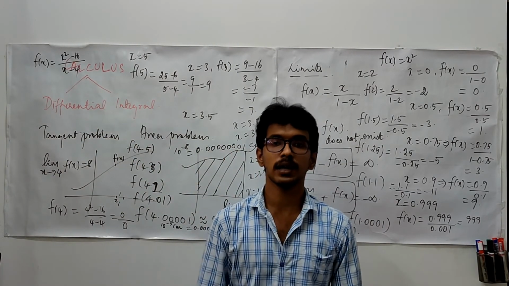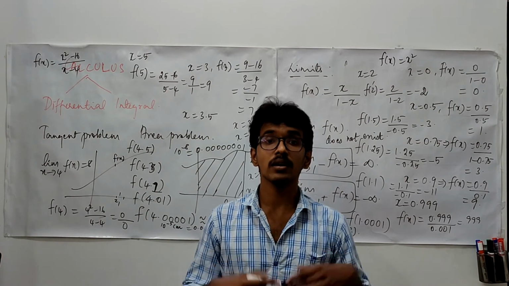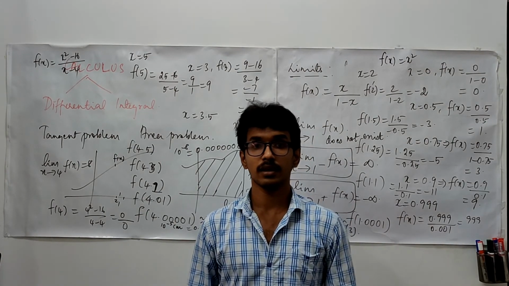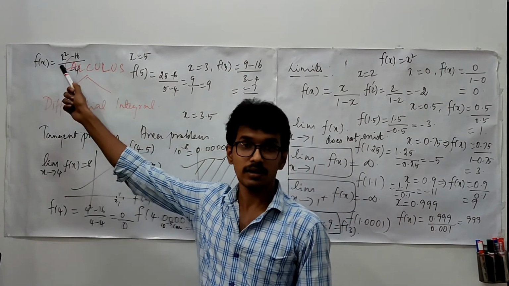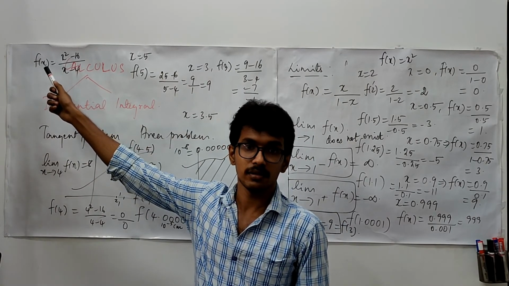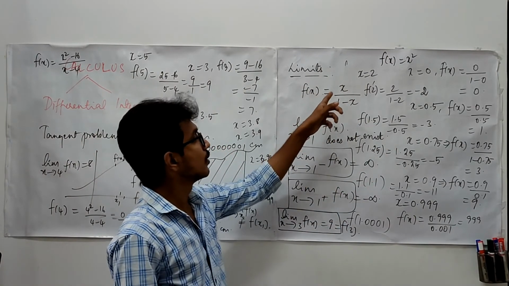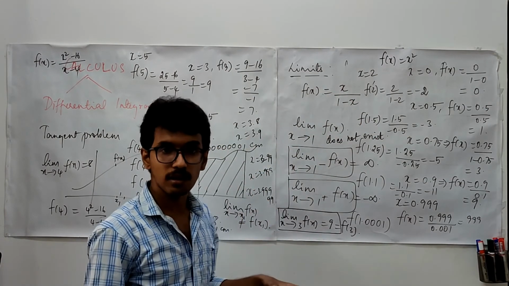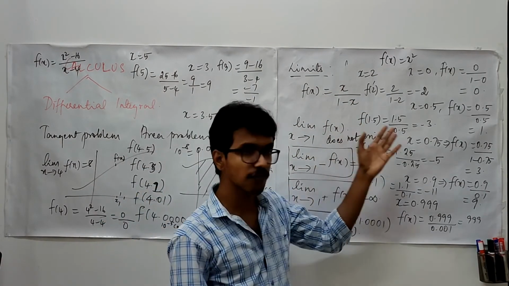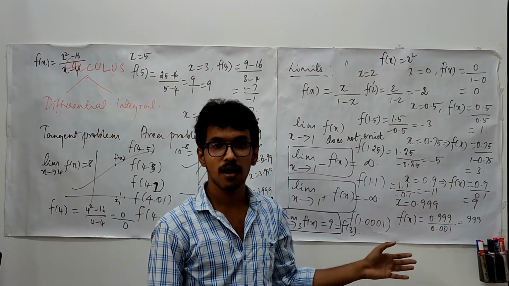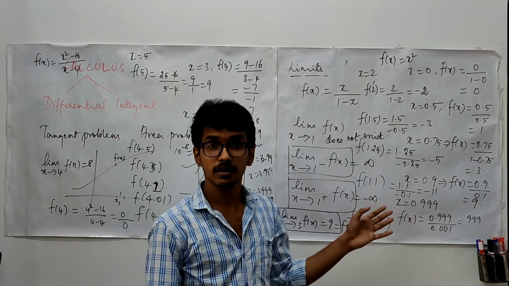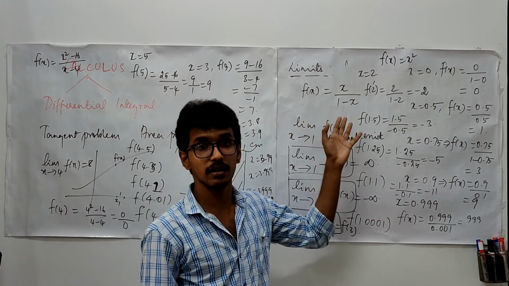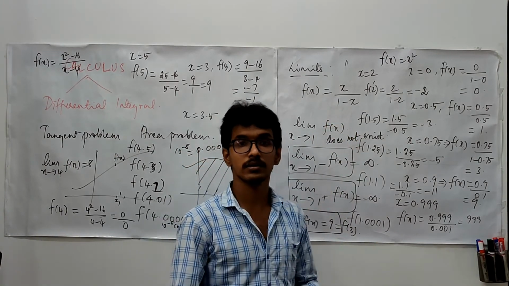And what is the next black hole scenario? That is growing infinitely, right? Here, thank God, it does not happen. Whereas here, when your 1 minus x is 0 or nearing 0, what is happening? It is growing infinitely, right? Sometimes, even though it grows infinitely, it may give you a limit.